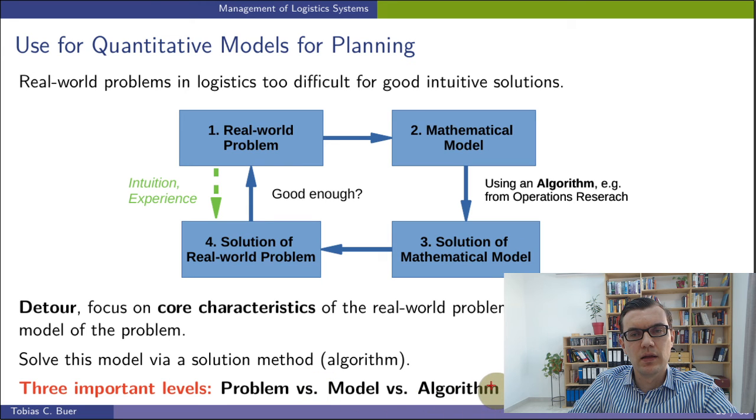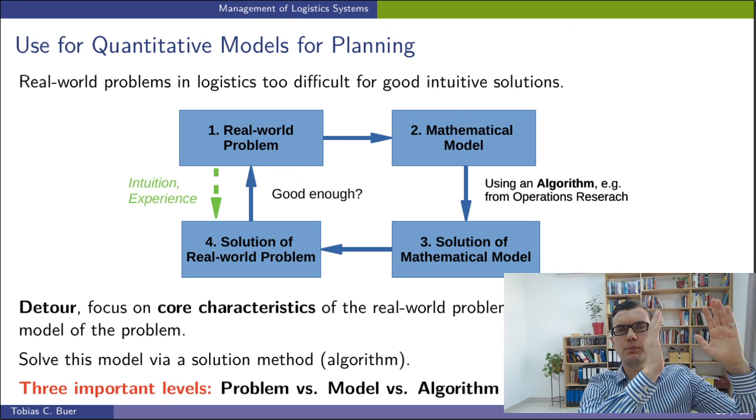And one more thing that you should take away from this graphic and from all the content we discuss in this course: there are typically 3 levels that you need to distinguish. We have the problem level. The problem is from the real world.